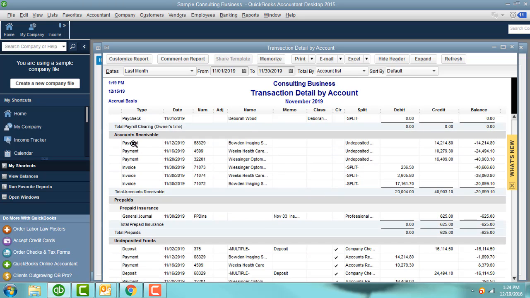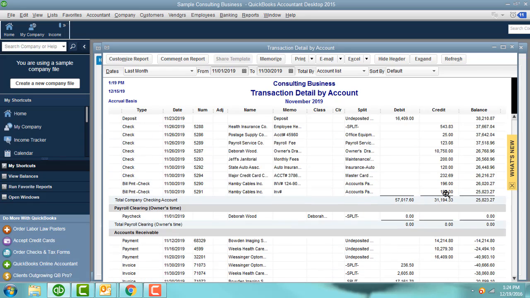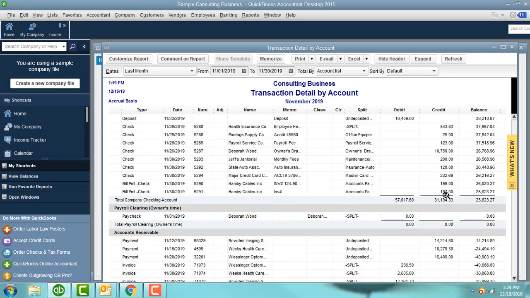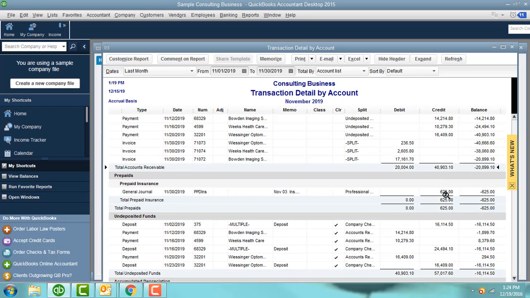All right, so as we scroll through, here's your accounts receivable. Looks like you invoiced out $20,000 to your customers or clients, and you've collected this $40,000, which you remember over here, payment of that. Okay, so you collected 40 from your accounts receivable.